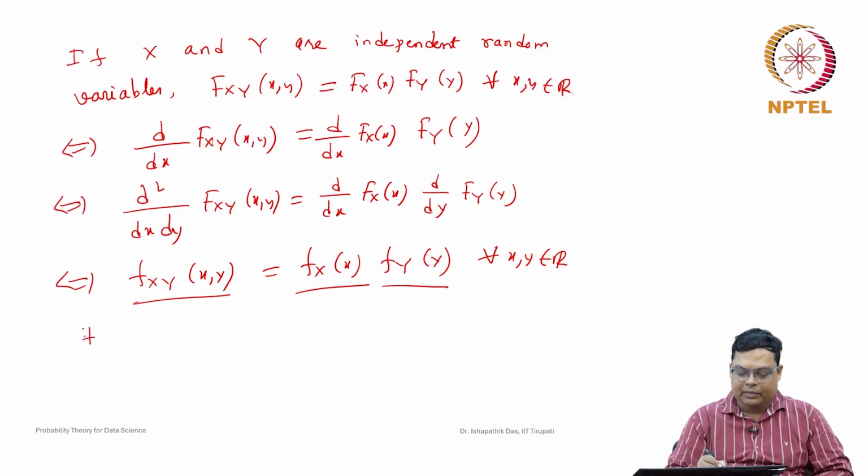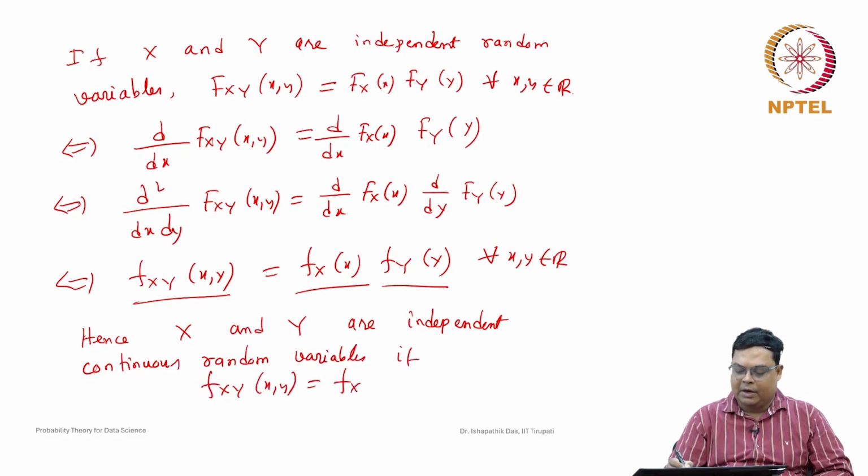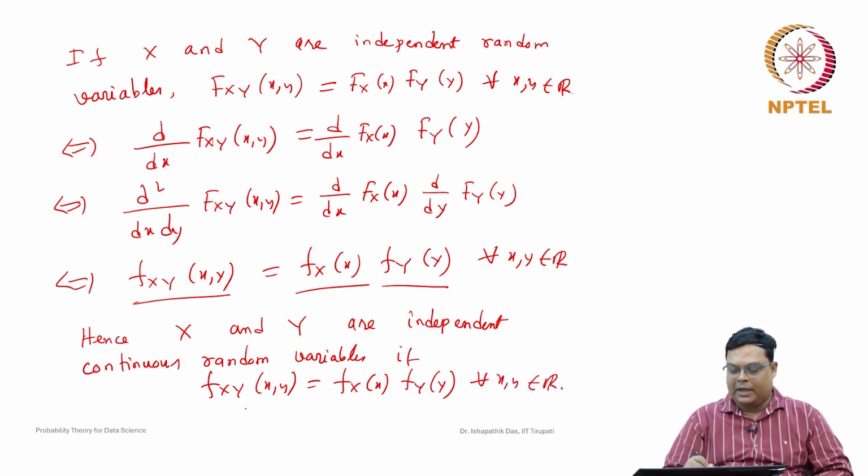Hence we can say that x and y are independent continuous random variables if the joint probability density function can be represented as the product of their marginal probability density functions for all x, y belonging to R. If so, then we say that x and y are independent random variables.